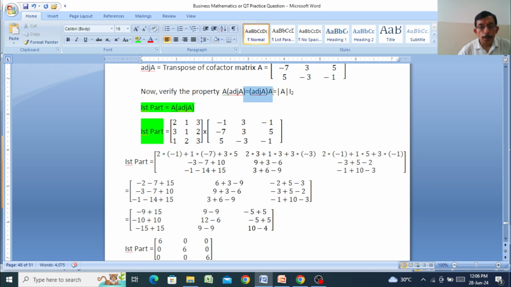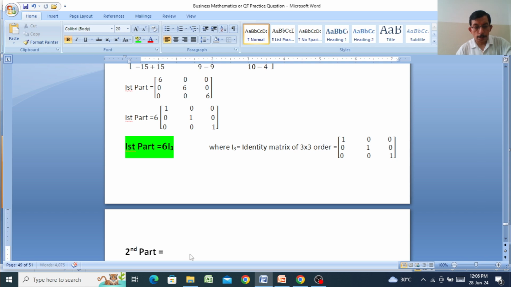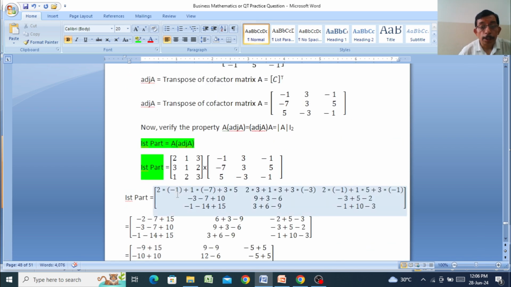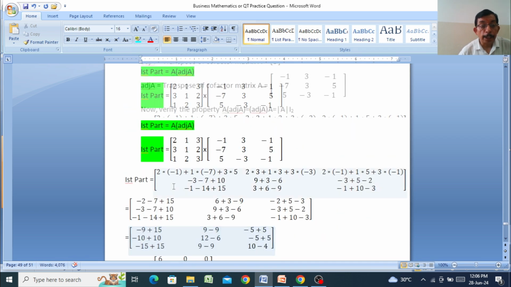Adjoint A into A. Second part is adjoint A into A. Now the adjoint A value is also found.